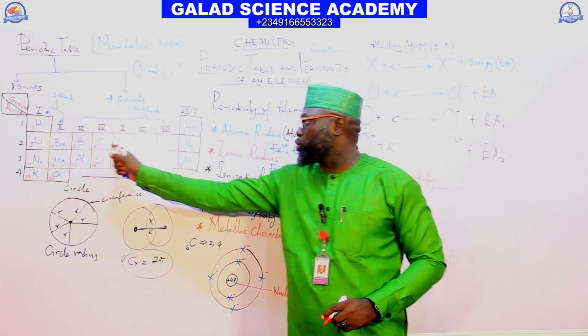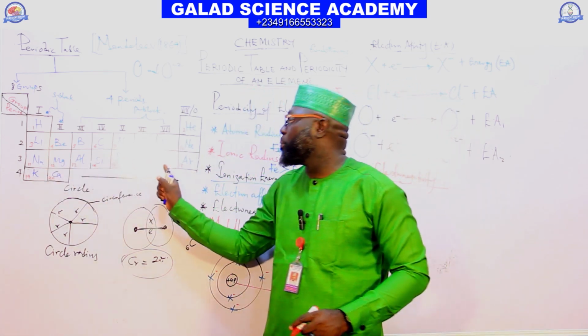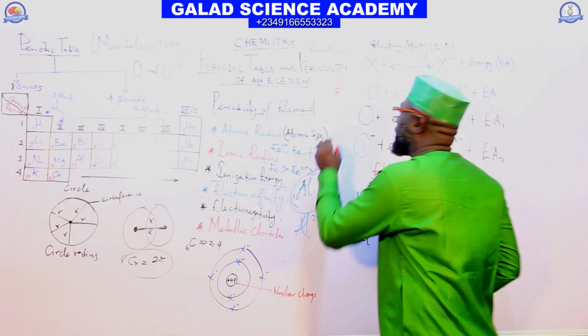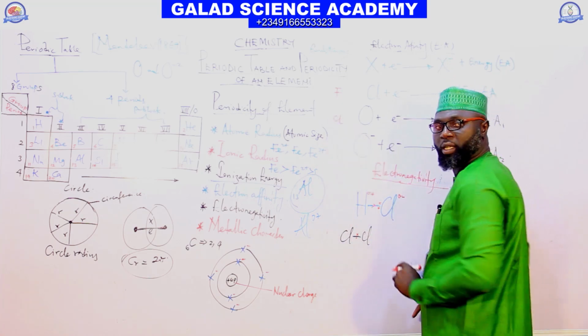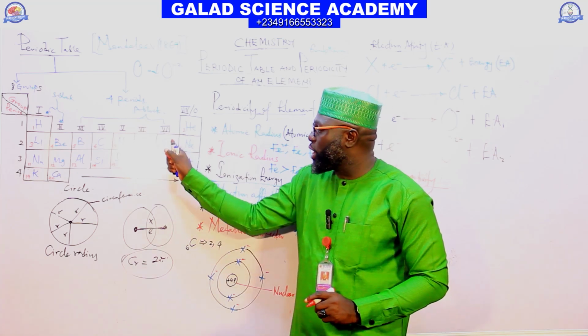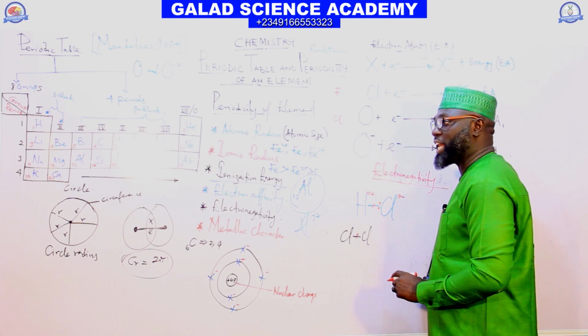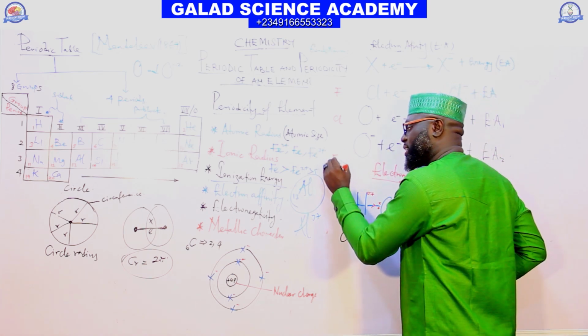In period 3, the most electronegative element is chlorine. But in group 7, between fluorine and chlorine, the most electronegative element is fluorine.